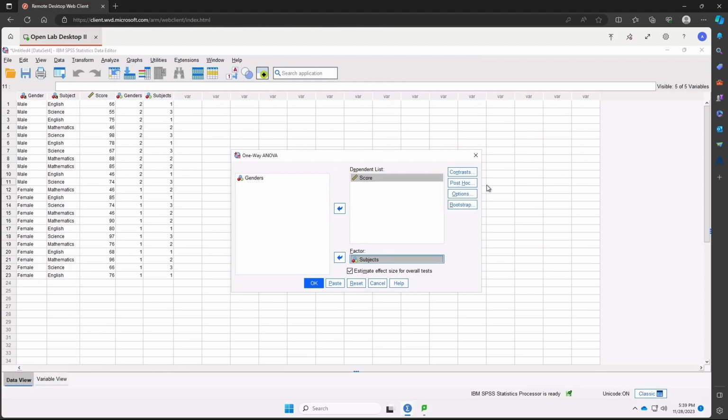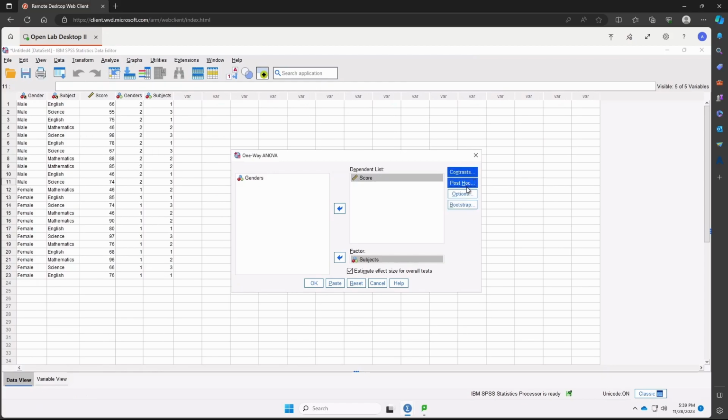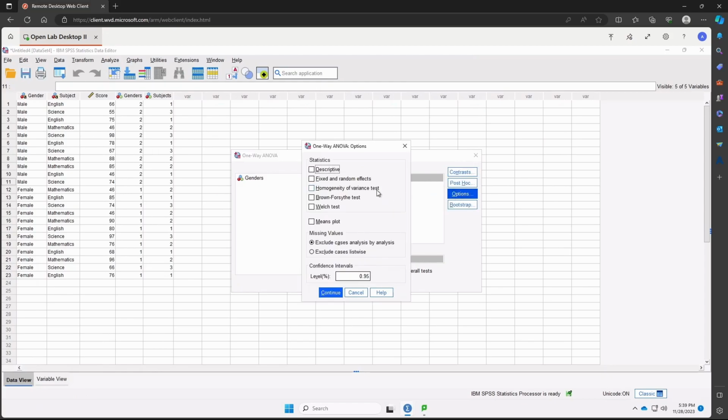And we're going into post hoc, and sorry, it's not this one. Going to options, and we want descriptive and homogeneity of variance tests, Brown-Forsythe tests, Welch tests, means.